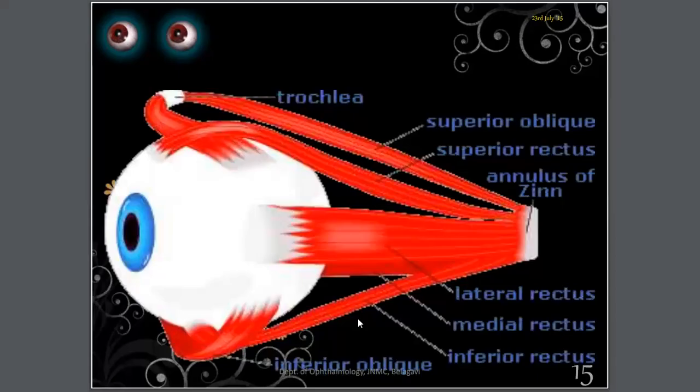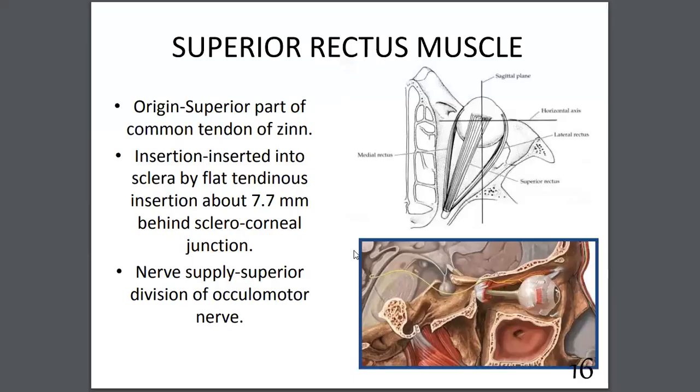Now this is the common tendinous ring of Zinn, from where the four recti take their origin. Superior rectus arises from the superior part of the ring. Insertion: it is inserted into the sclera by a flat tendinous insertion about 7.7 mm behind the sclerocorneal junction.